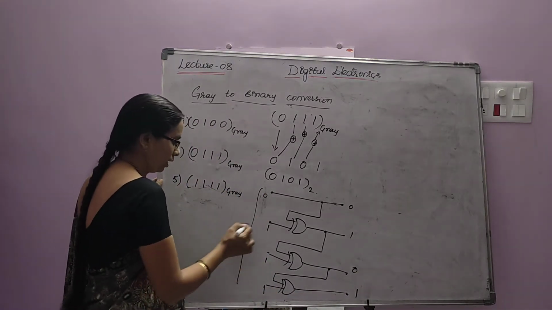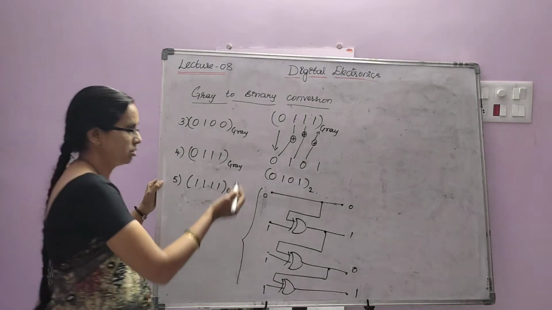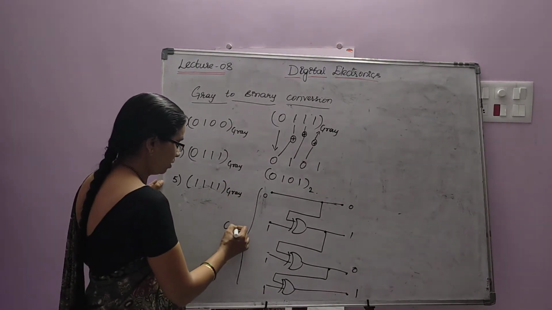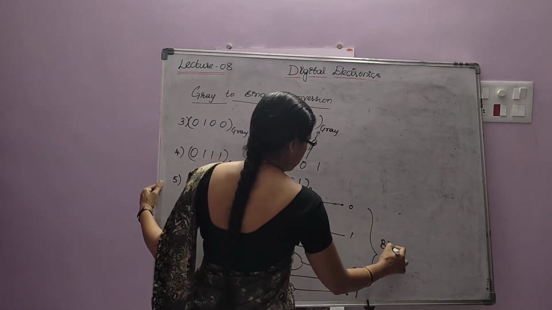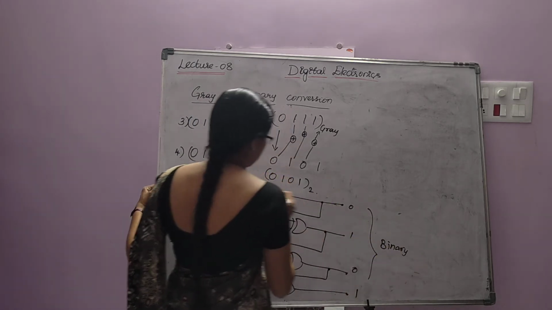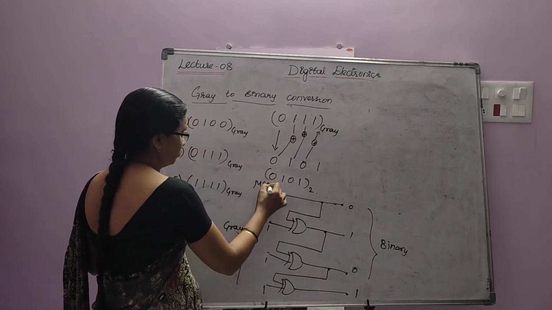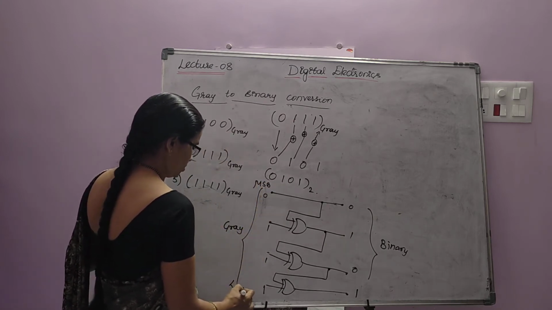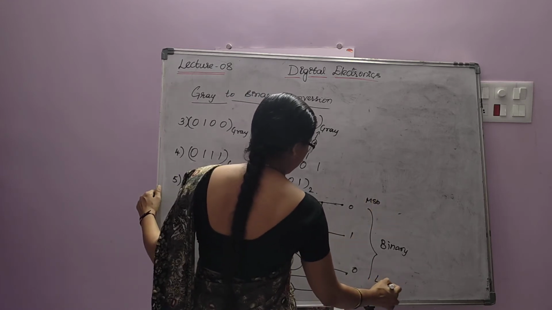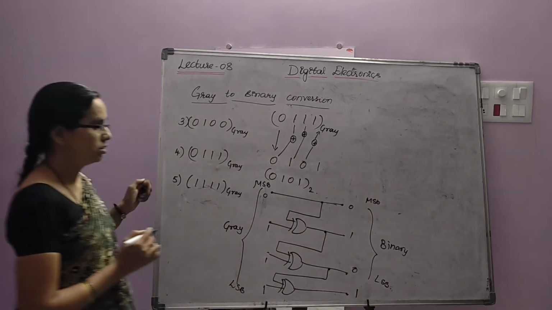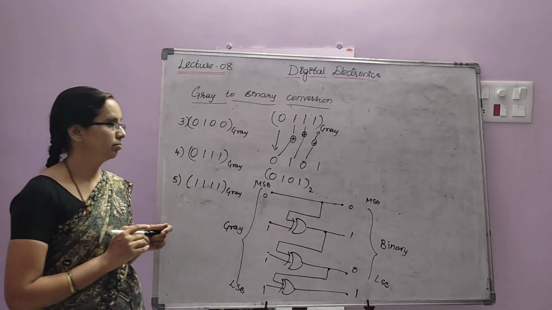So while implementing you will get to know your mistakes. It is gray, it is binary. This is MSB, that is 0 1 0 1 is the answer.